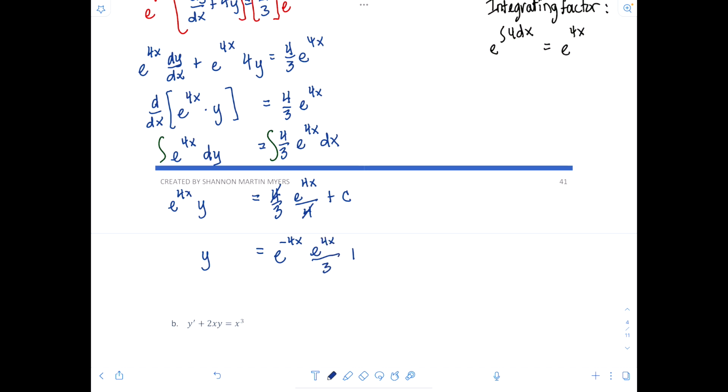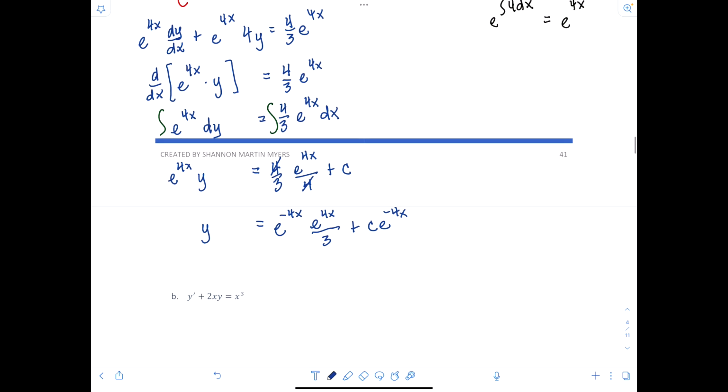Don't forget to bring that e to the negative 4x to the constant term as well. Well, the exponential terms, the exponent will zero out, so there'll be 1. So we end up just getting 1/3 plus ce to the negative 4x. Isn't that amazing?